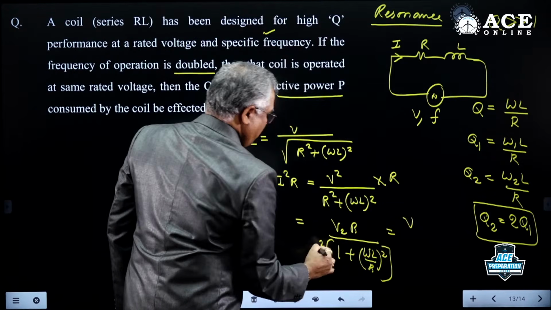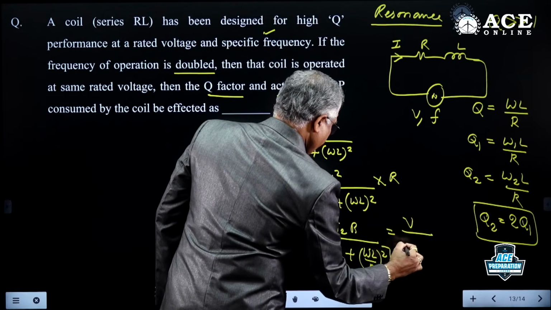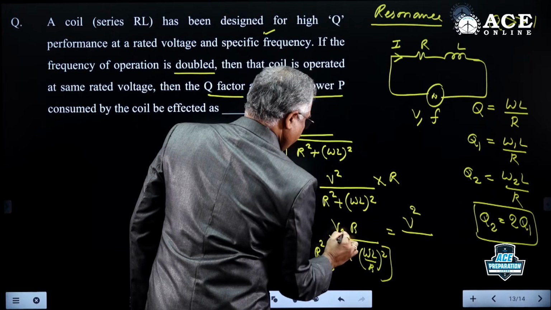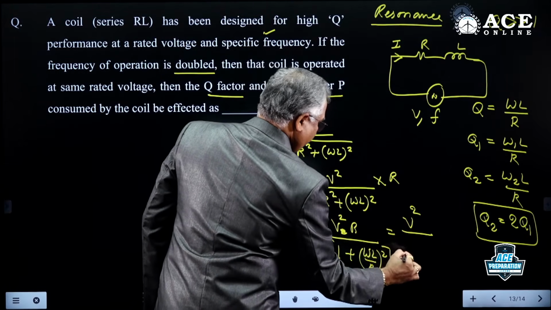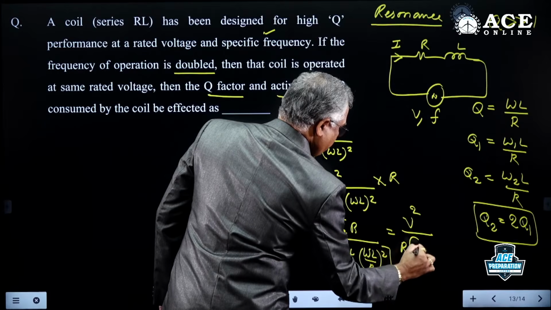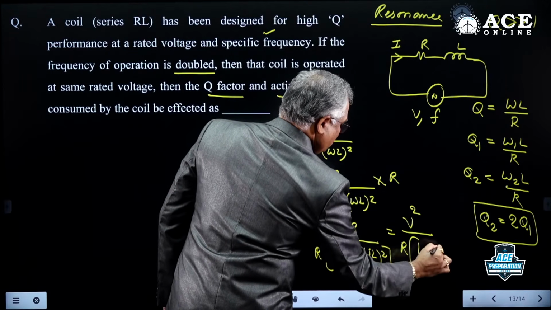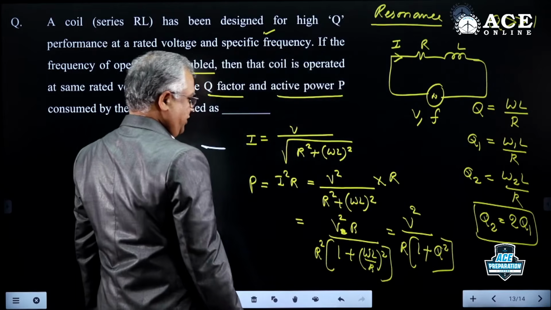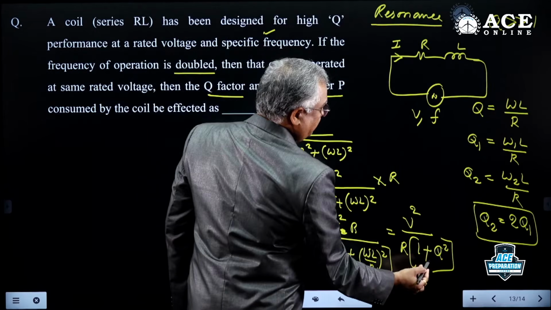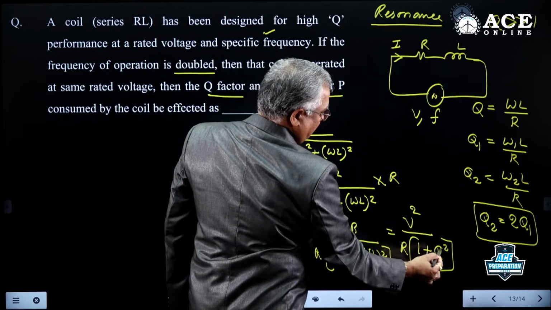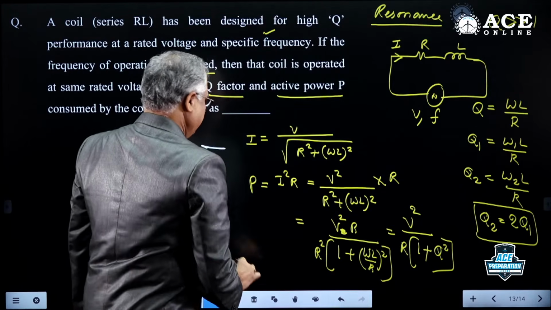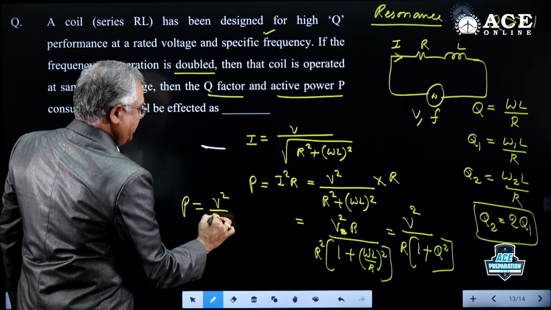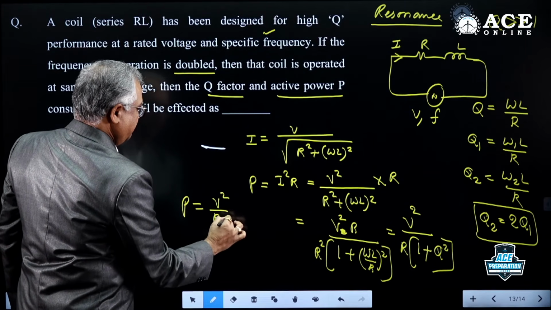This is nothing but one R will go, V square by R into 1 plus Q square. So Q already given large, 1 is neglected. Therefore P is equal to V square by R Q square.